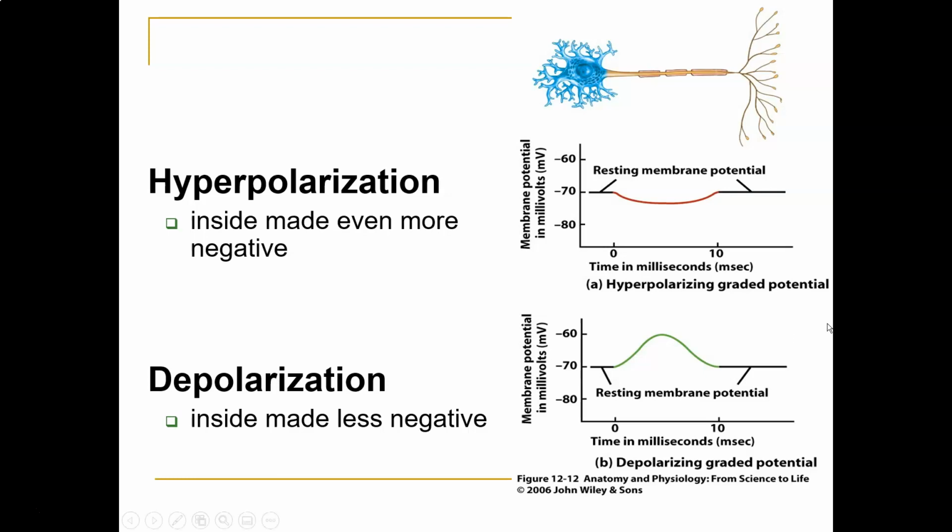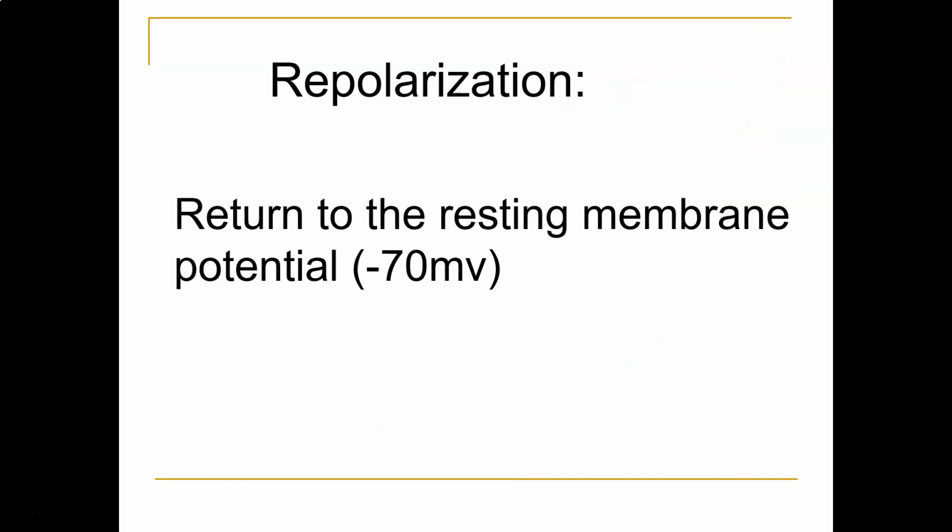Those are terms you're going to need to know. And then if you hyperpolarize or depolarize, eventually the membrane needs to come back to the resting state, the -70. That's called repolarization, returning to the resting membrane potential. So we're going to be using those terms. Hyperpolarize, more negative than -70. Depolarize, less negative than -70. And repolarize, return to -70.